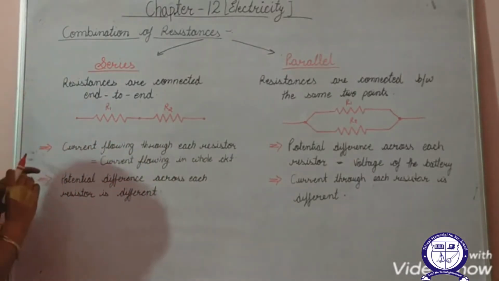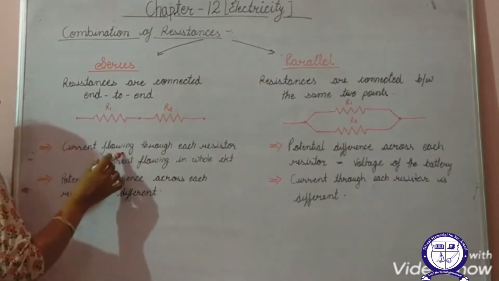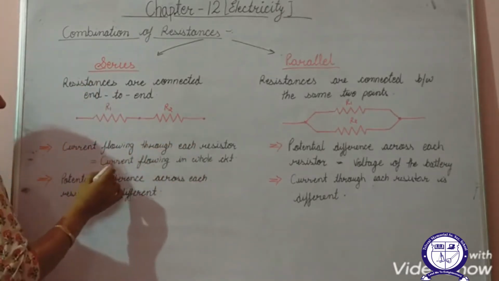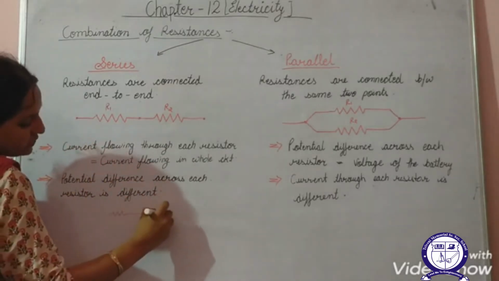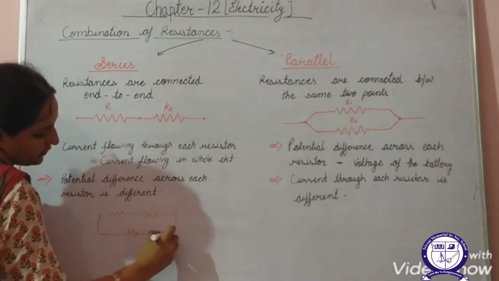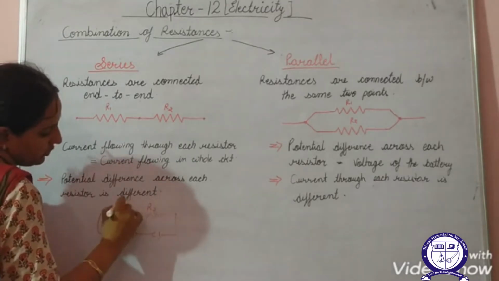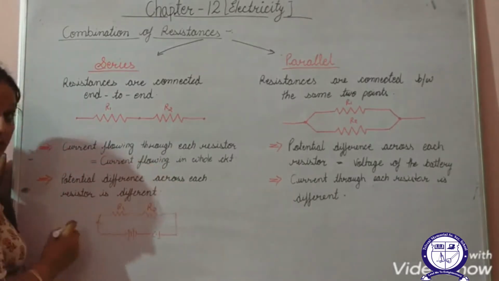Now let's discuss the properties of the series combination. In series combination, the current flowing through each resistor is equal to the current flowing in the whole circuit. Suppose I have taken two resistors connected to a battery with the help of a key. If I switch on the key, then current will start to flow.